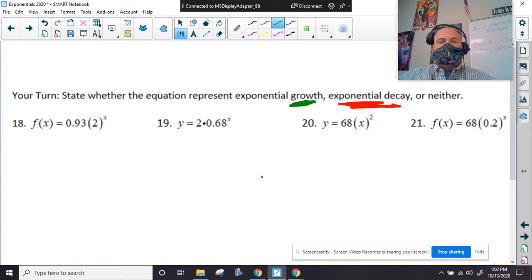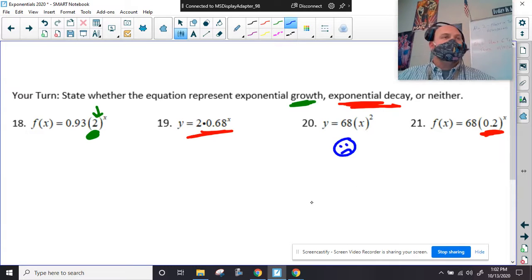What number? 18, 19, 20, or 21? 18, thank you. All right, this b is greater than 1, so that's a growth. Okay. What about decay? 19. And what else? There's another one. 21. Okay. And this one's neither. Okay, it's actually just a quadratic.